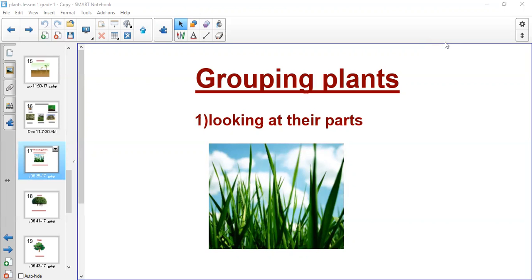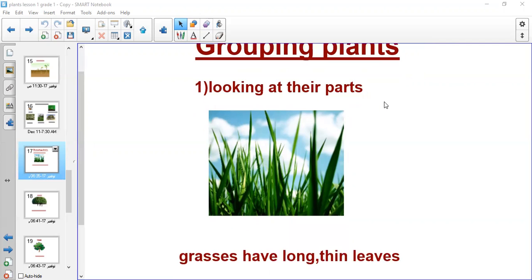Grasses are one kind of plant, and they have long, thin leaves. We see them everywhere. How do we know them? Because they have long, thin leaves. So the first thing, if you want to group plants, you have to look at their parts.